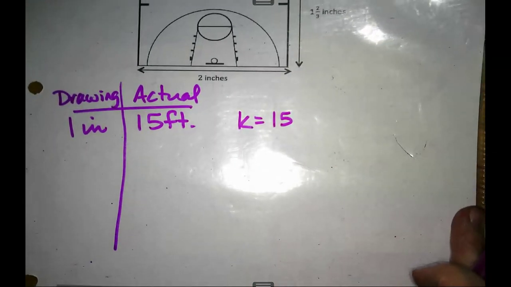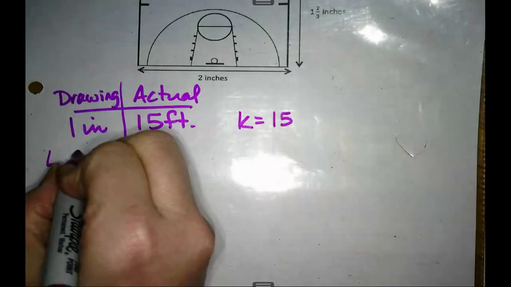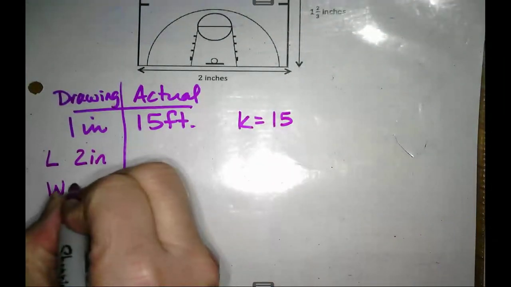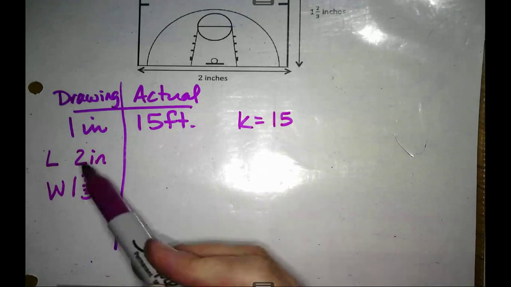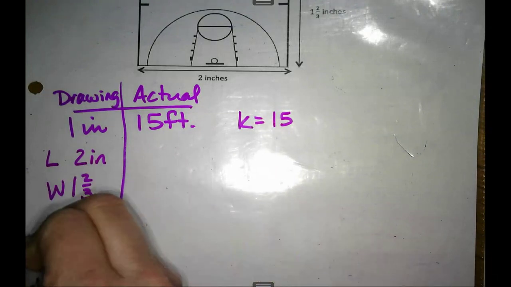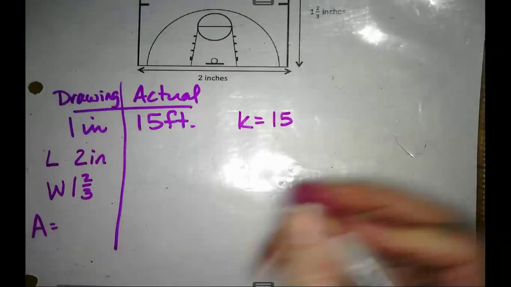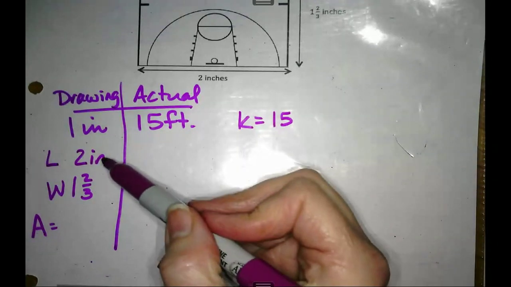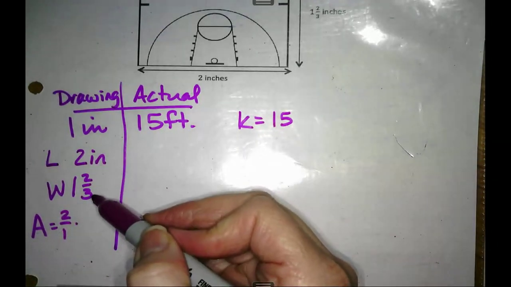Okay, now I'm going to take the length on the drawing, which is 2 inches, and the width on the drawing is 1 2/3. And using that information, I am going to find the area. The area of a rectangle is length times width. So I'm going to multiply 2 times 1 2/3.